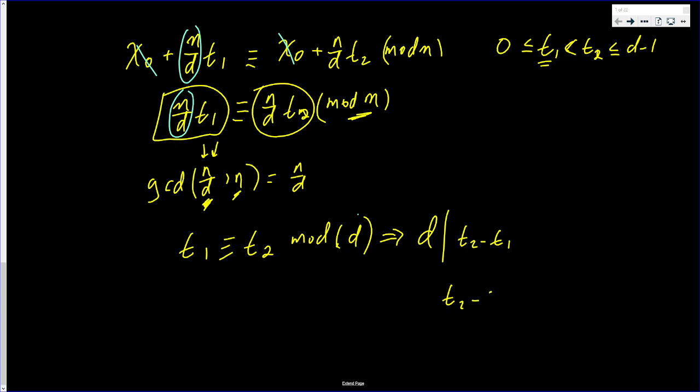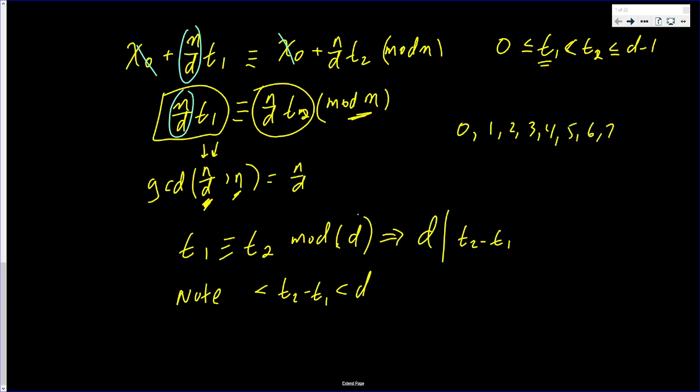Note that T2 minus T1 is in between 0 and d. If you don't believe that, consider the numbers 0, 1, 2, 3, 4, 5, 6, 7, and 8.